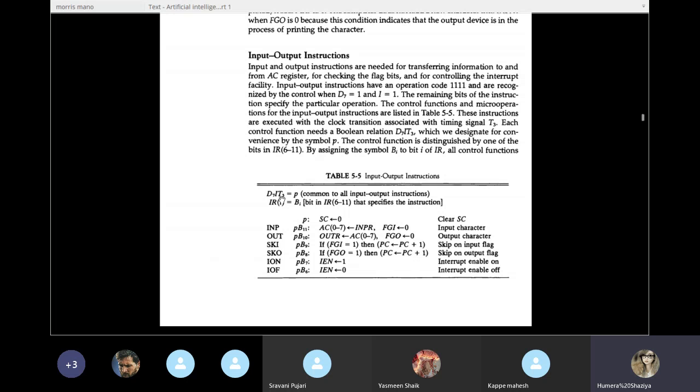If anyone can tell me, then it means that some students at least are understanding. Who can tell me what D7IT3 means? Somebody has to tell me, otherwise I won't go ahead.